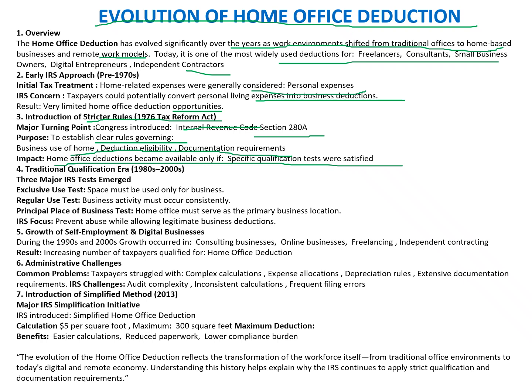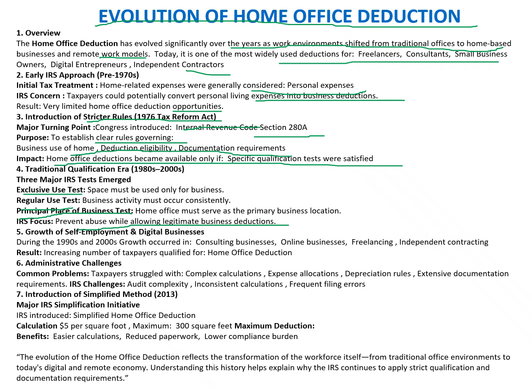In the traditional qualification era of 1980 to 2000, there were three major IRS tests: the exclusive use test, the regular use test, and the principal place of business test. The IRS focus was to prevent abuse while allowing legitimate business deductions, because there was a potential that somebody would misuse the act and claim a higher deduction.